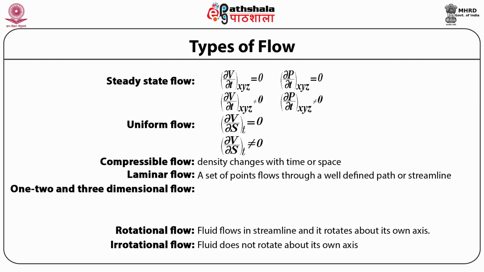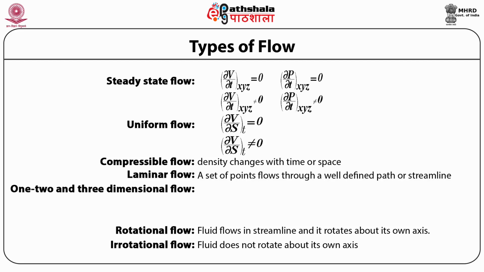Now coming to 1, 2 and 3-dimensional flows. The flow is called one-dimensional when the fluid is flowing in a single direction. In a space, you have three directions. If the fluid is flowing in a single direction or the velocity component of a single direction is taken care of, that is called one-dimensional flow.